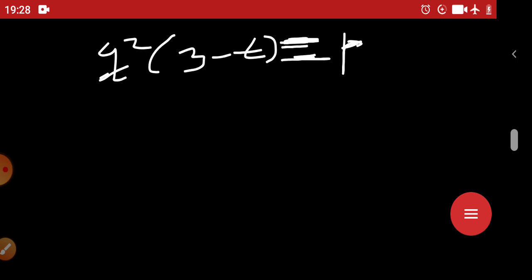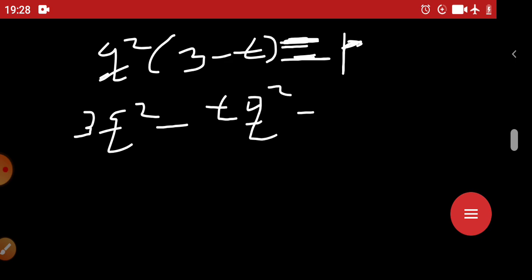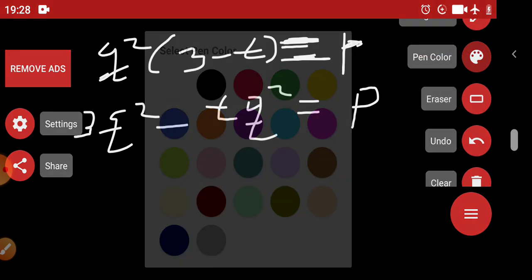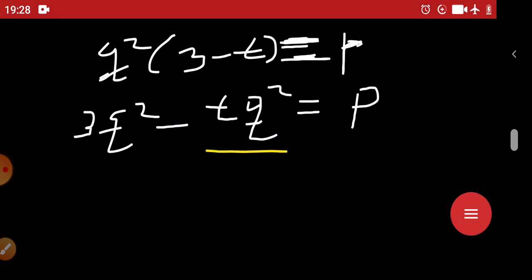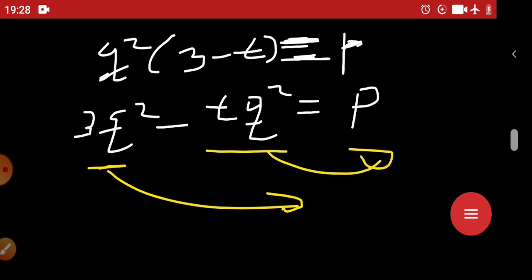So if you expand brackets, you multiply in the q squared. So you would have 3q squared minus tq squared equal to p. So we have t in this term. So it's either we take this term that side, or we take this term that side. But I would say let's take the minus tq squared that side, so that we make it positive.